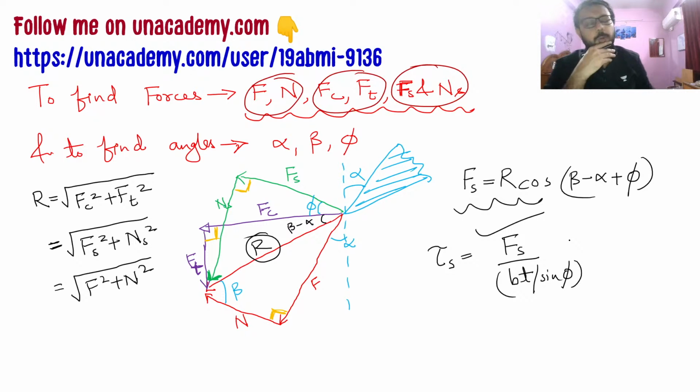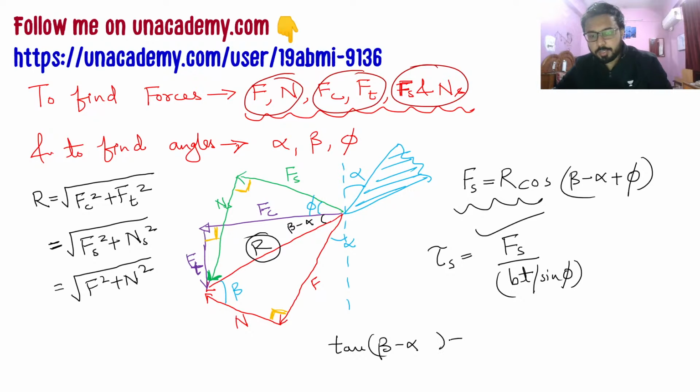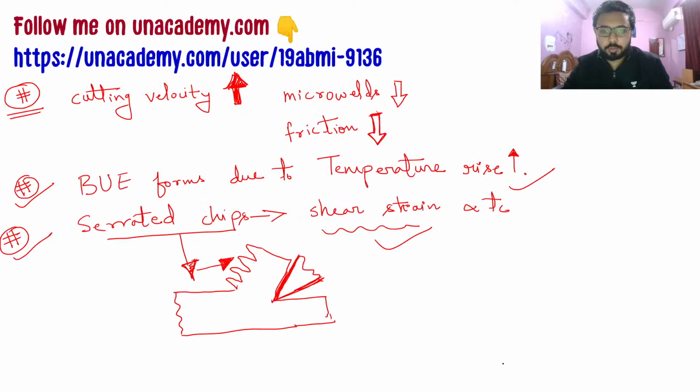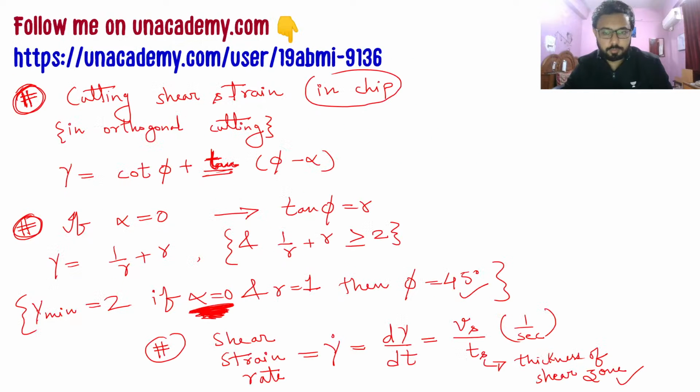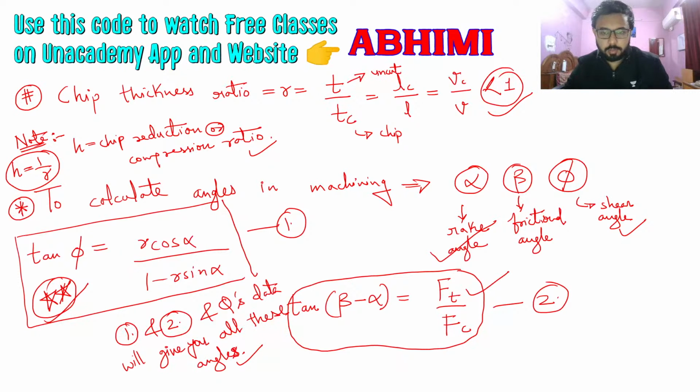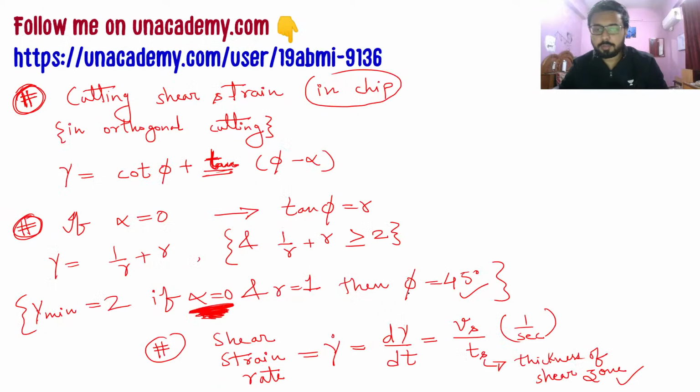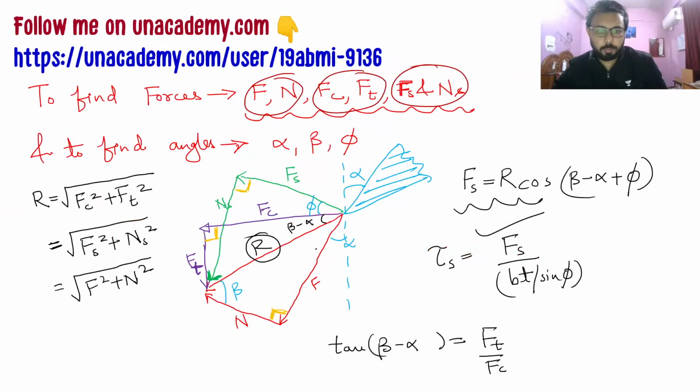So these things you have to remember that I am showing right here on your screen. And another thing, I have also shown that tan of beta minus alpha is equal to Ft by Fc, because a lot of the time that is what is given in the question. That relation comes from this Fc, Ft and R triangle.